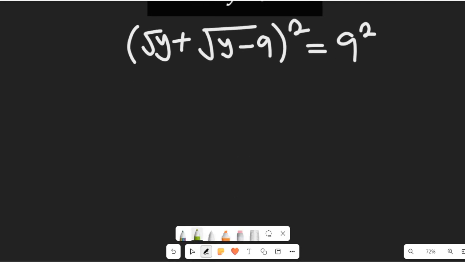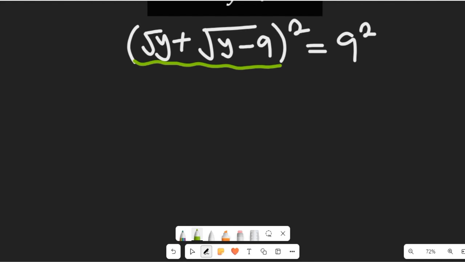So in this instance, we're going to have this whole value squared and this other value squared. Now, considering this part of the equation, I want you to recall an algebraic expression.